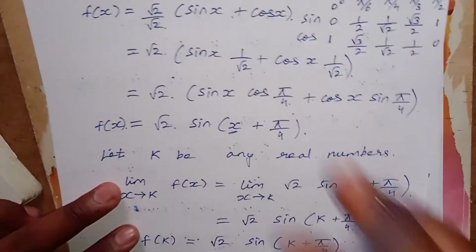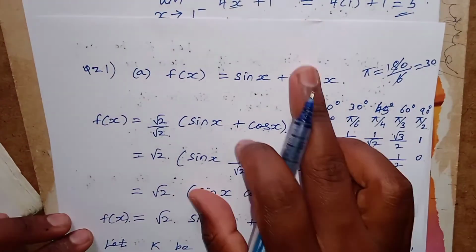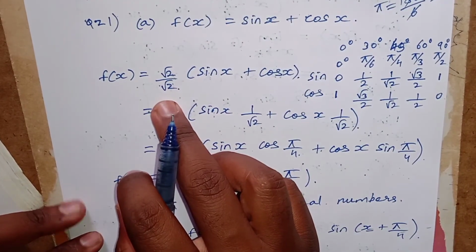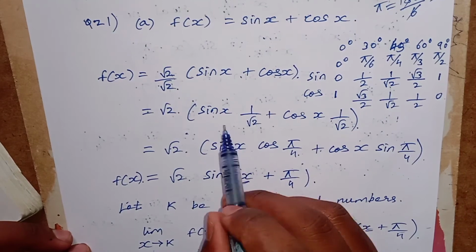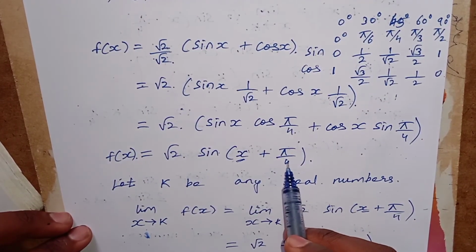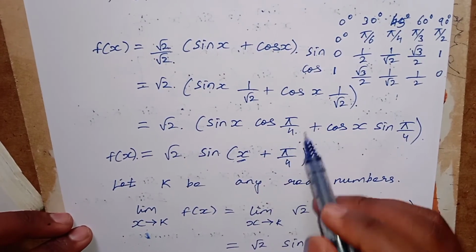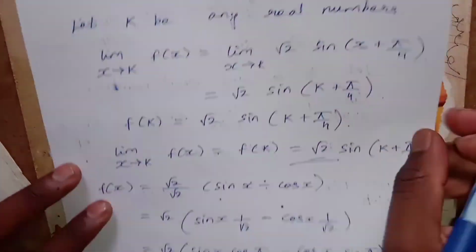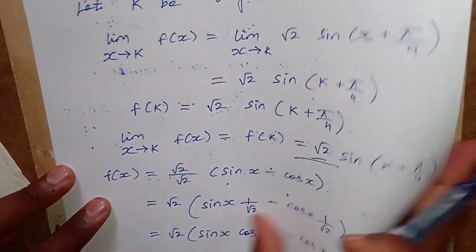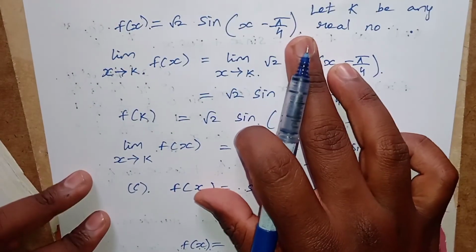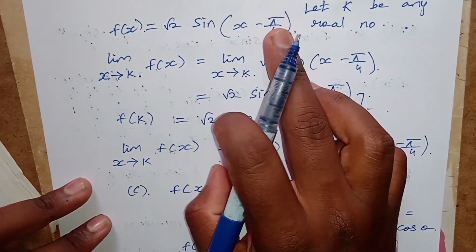Whenever plus or minus is coming, you have to take root 2 by root 2, because for reducing into sin(a plus b), the formula is sin a cos b plus cos a sin b. Similarly for negative, sin(a minus b).